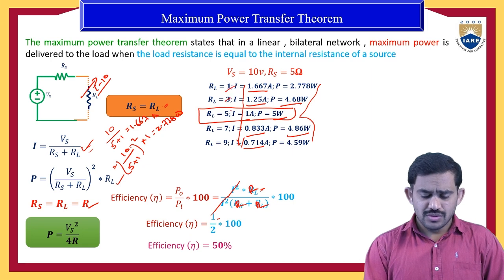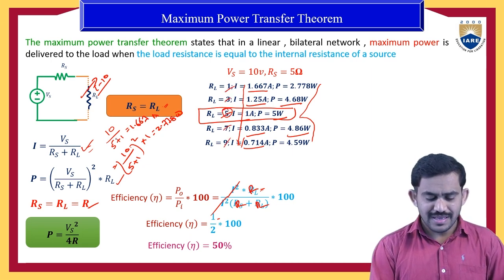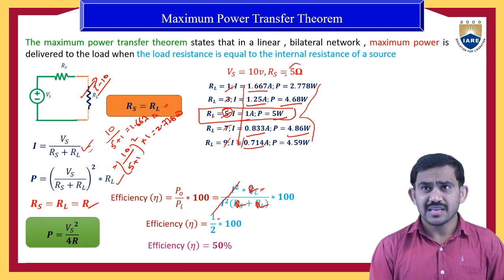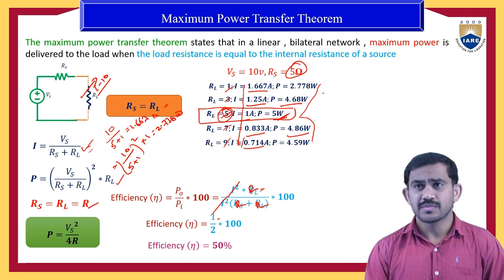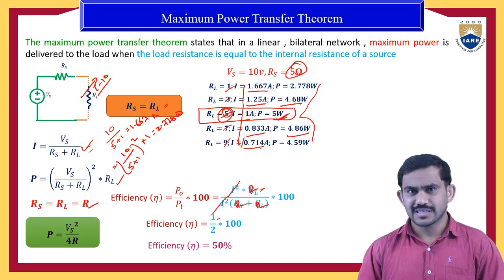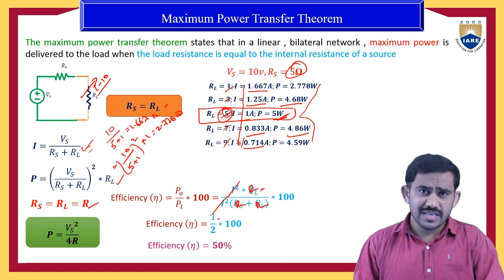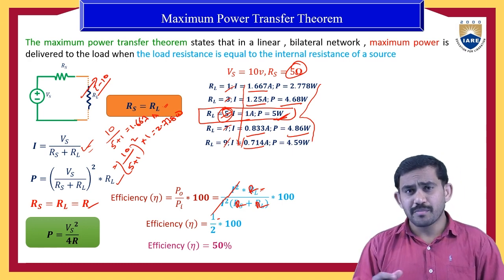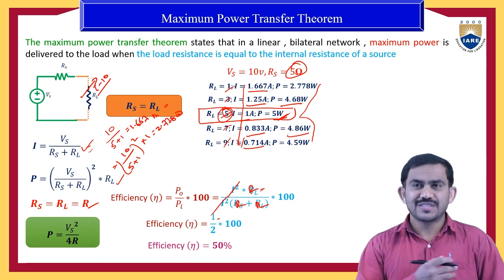So here 1, 3, 5, 7, 9 are the RL values, and RS is also 5. So when it is 5 and 5, the power is maximum. In the remaining cases it is an increased and decreased condition. When the load resistance equals the source resistance, the maximum power is delivered to the load. Now just check the efficiency also.